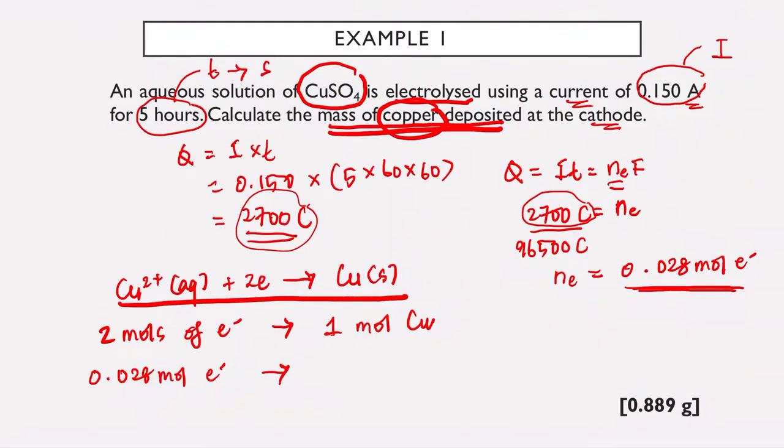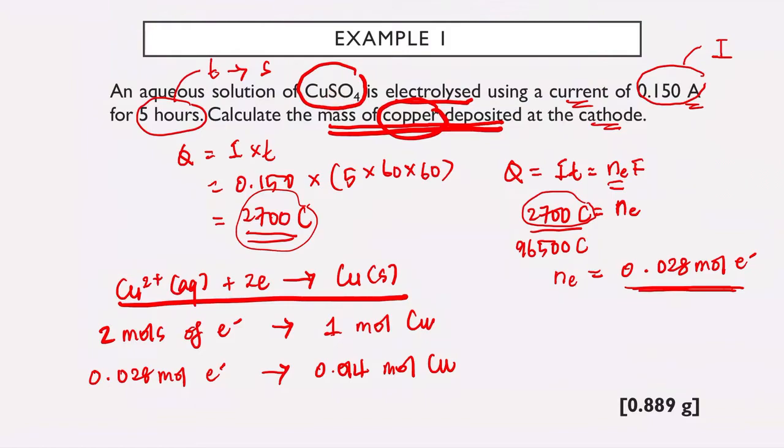So you will get 0.014 mole of copper. This is the amount of copper formed when 2700 coulombs of electric charge is passed through your electrolytic cell when you electrolyze copper sulfate.